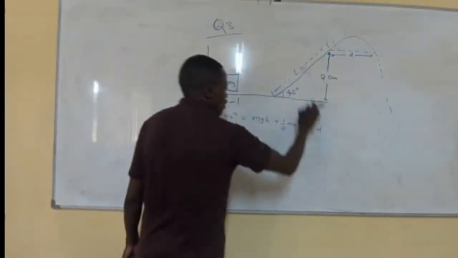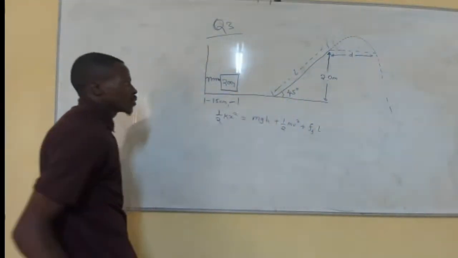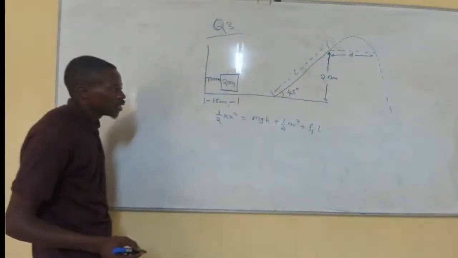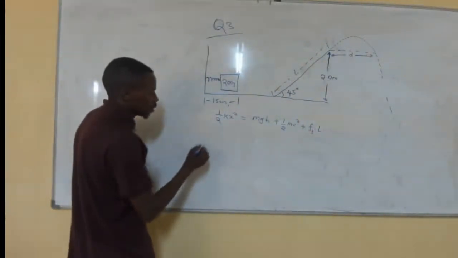The distance in this case is L, so we named it L so that we don't confuse it with the d that we need to find later on. We determined Ff and we know what L is.